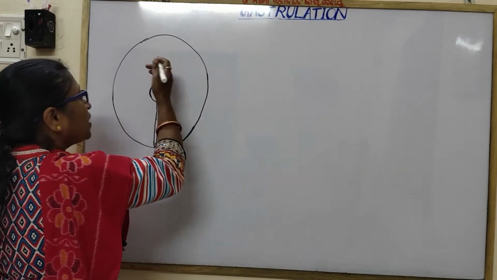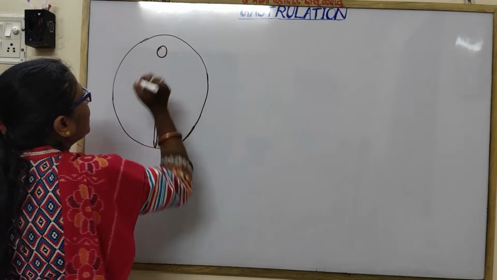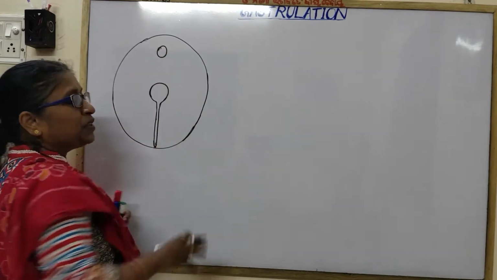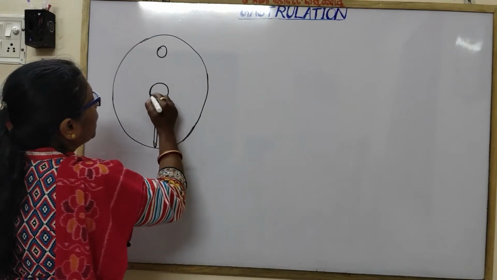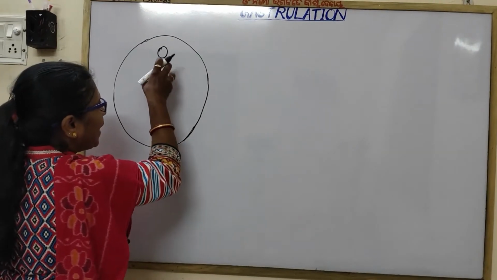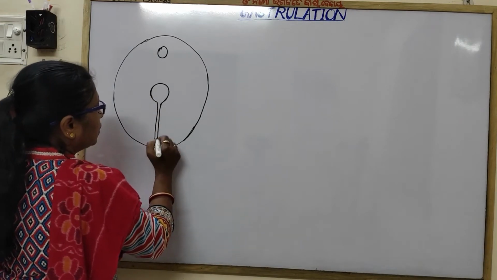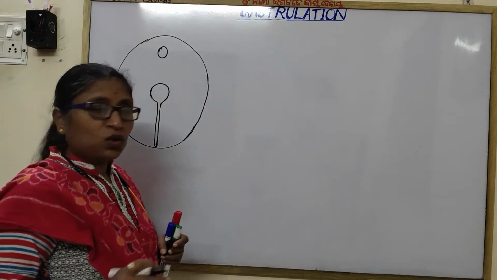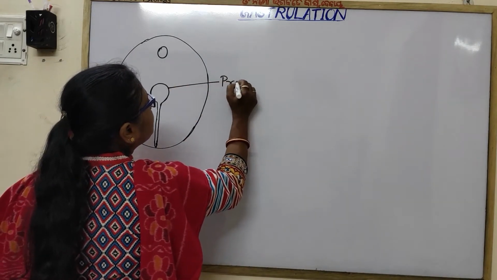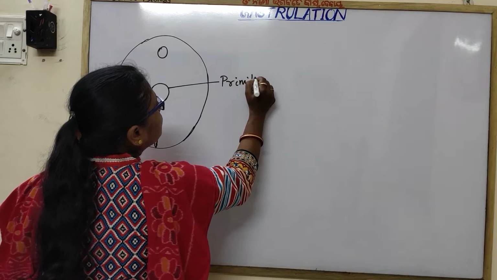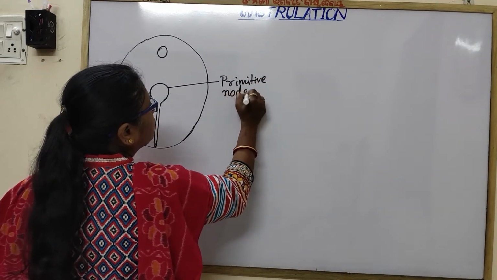Suppose this is the cephalic region, the side to which the head is present. Towards the anterior end of the primitive streak, it is swollen to give rise to the primitive node.